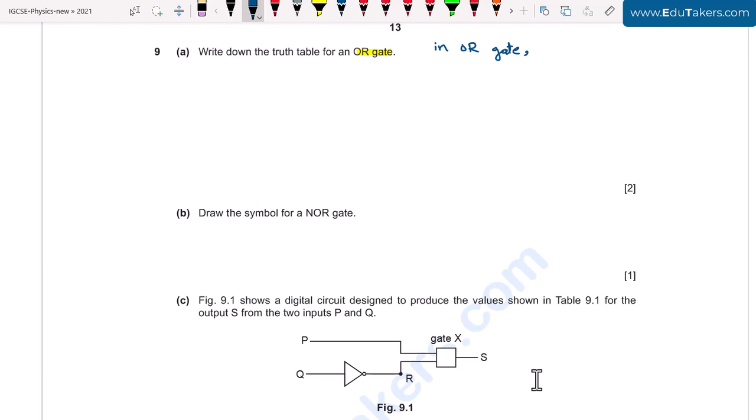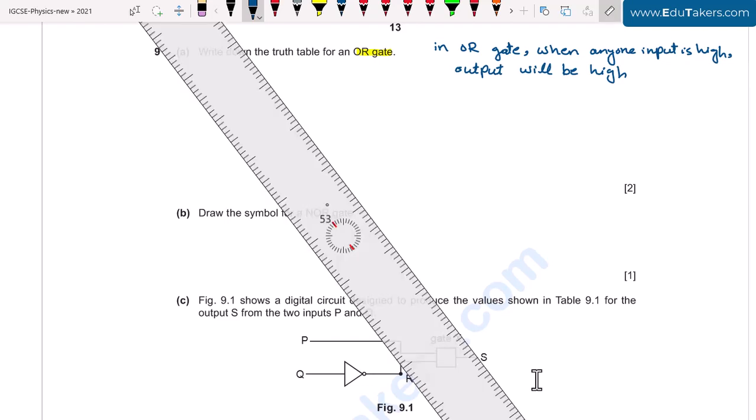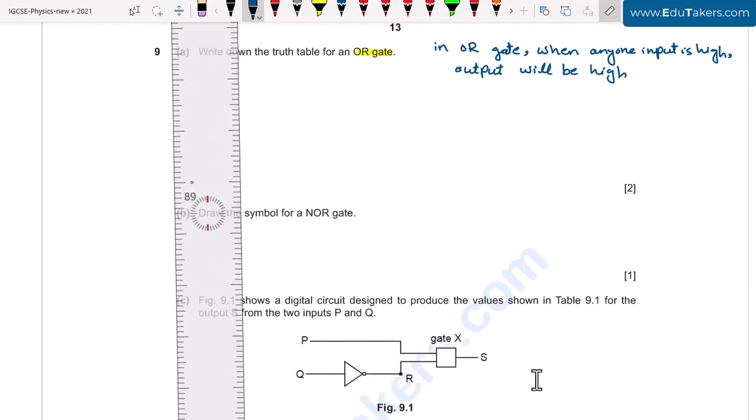So I write here: in OR gate, when any one input is high, output will be high. So when I have to draw the truth table, first of all I draw a table.